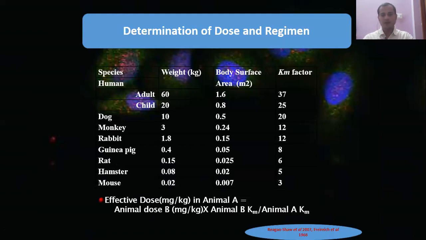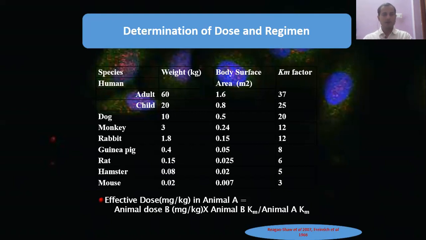There is a formula given by Reagan-Shaw et al. On the basis of that, we can calculate the dose from one animal to another animal. How to calculate? It is based on the body weight and body surface area, and then it's calculated by the Km factor.